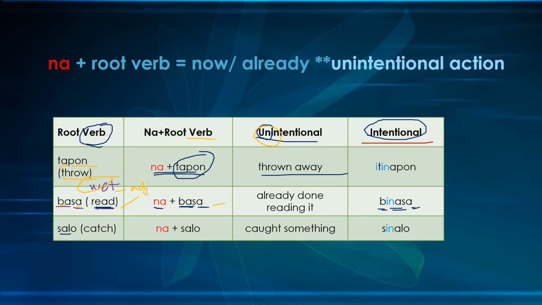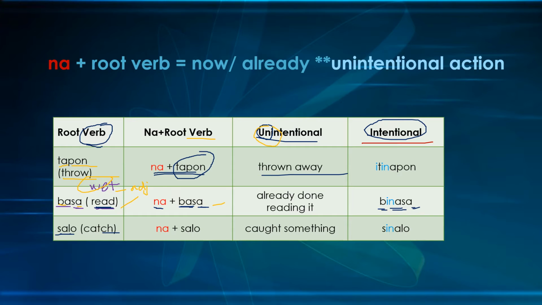salo. It has the same thought with the word basa. You pronounce it with a more fast pacing. Salo means catch. And a new word for that is nasalo.